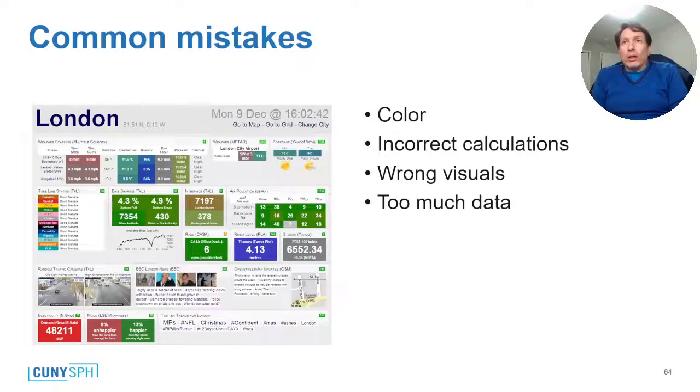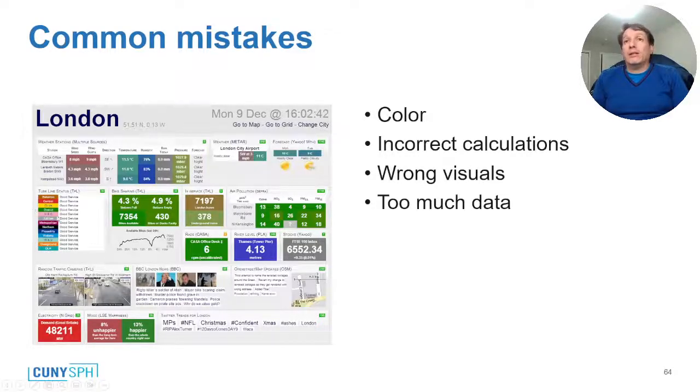Now, avoid the common mistakes. We pointed out some of them already. Color that is not conveying any information. For example, here, what are the colors? What is the meaning? What is the scale? How do I interpret even these colors? This may make sense because these are the tube lines, the subway lines in London, and it's familiar for the people there.